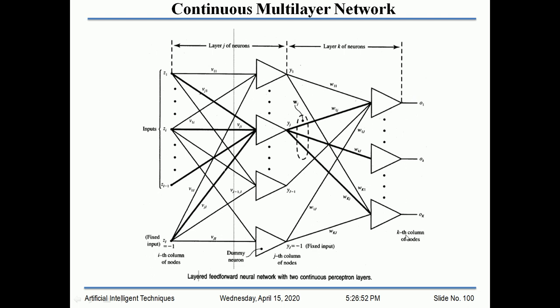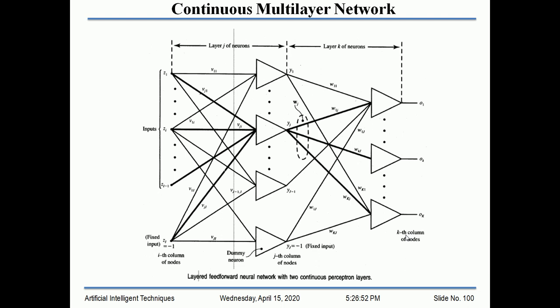Suppose with this introduction, let me now proceed to the error backpropagation training algorithm. Now the error backpropagation training algorithm goes like this. In the error backpropagation training algorithm, there will be two passes. One is a forward pass and another one is a backward pass.